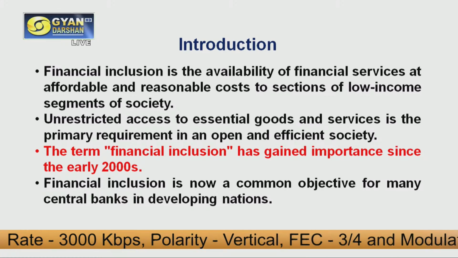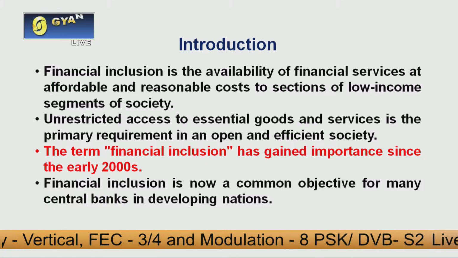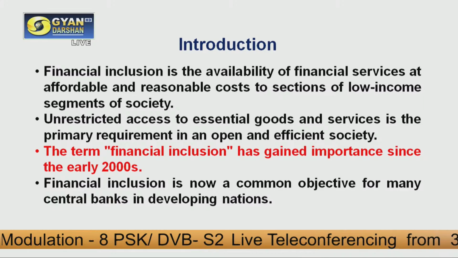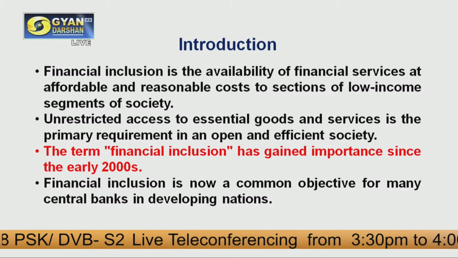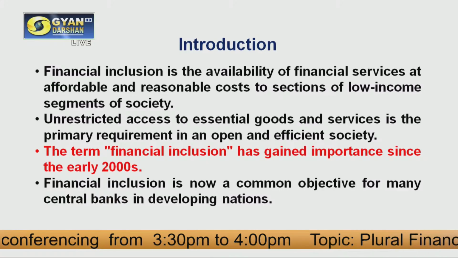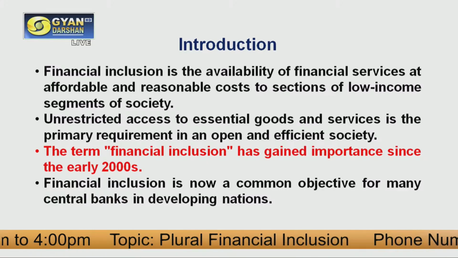The second significant aspect we need to learn is that when we talk about financial inclusion, the population has to get unrestricted access to essential goods and services, which is the primary requirement in an open and efficient society.